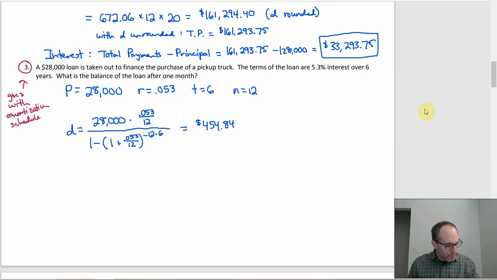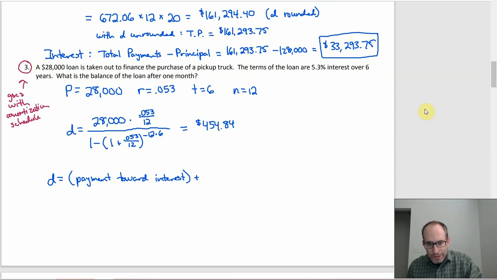All right. So then how do we do this? Well, D is generally comprised of 2 things. So the monthly payment, I'll just write it as D, but it's broken up into 2 things. So it's the payment toward interest plus the payment toward the principal.